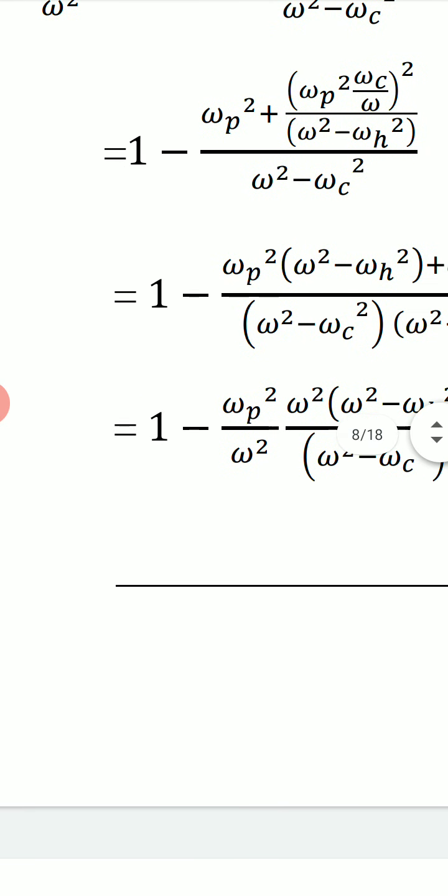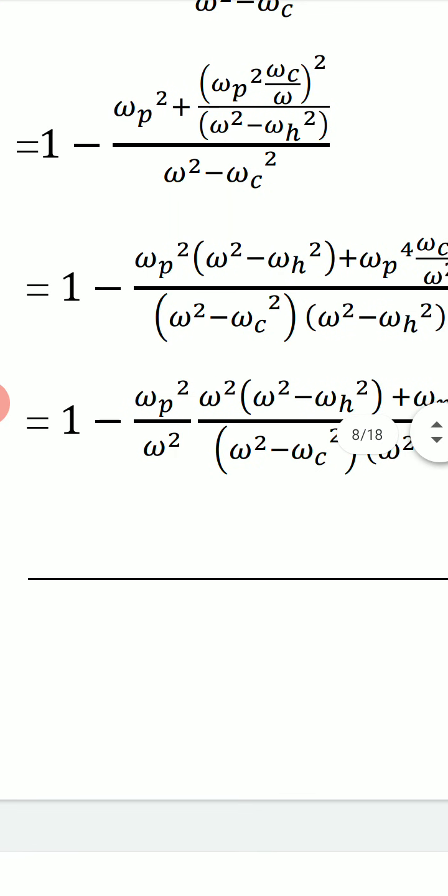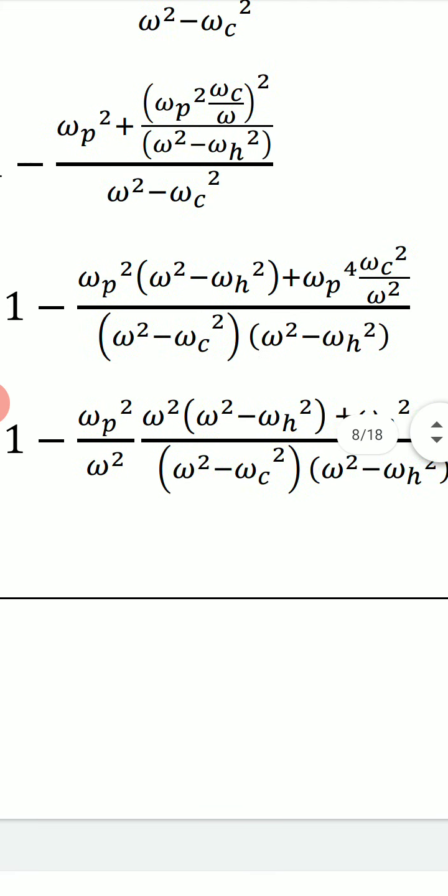Now this will become equal to 1 minus omega p square into omega square minus omega h square. In numerator we take LCM, which is omega square minus omega h square, and solve it.